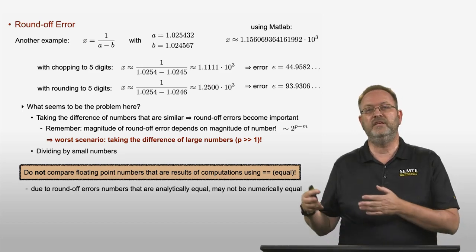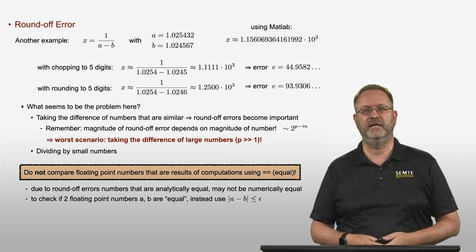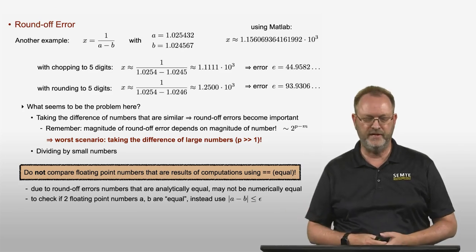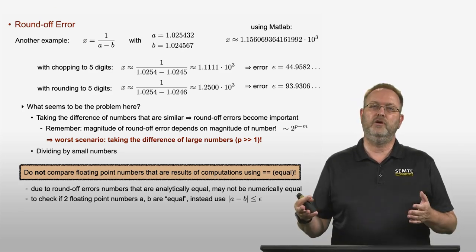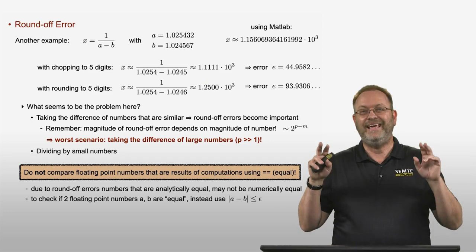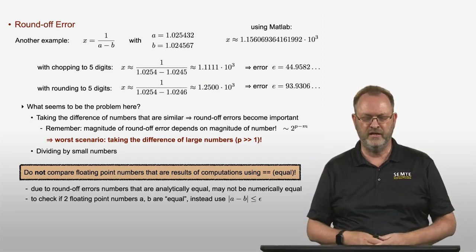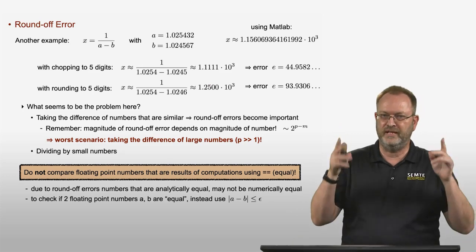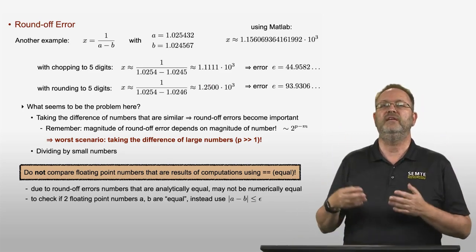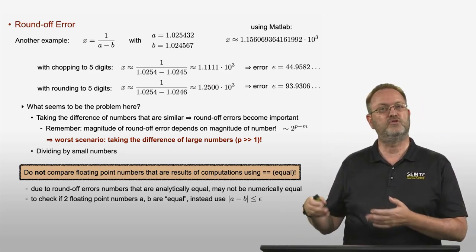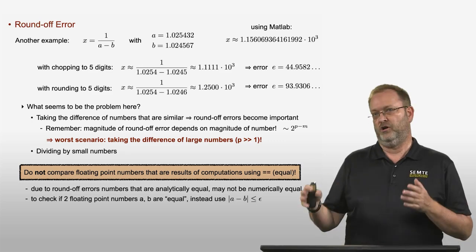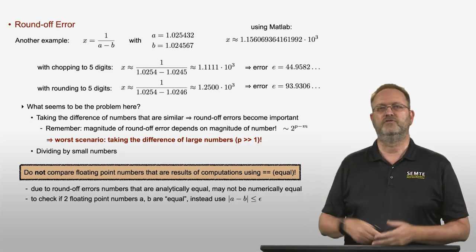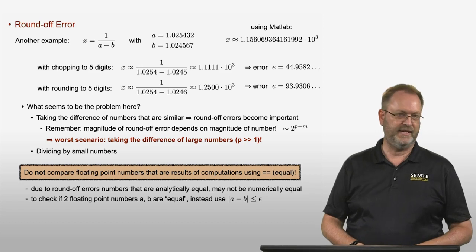And instead of using the equal operator in MATLAB to compare 2 floating point numbers, if you want to know if the 2 numbers are close to each other, what you should check is whether the absolute value of the difference between the 2 numbers is smaller than some small number epsilon, of the order of a factor times the smallest difference that a computer can tell apart.